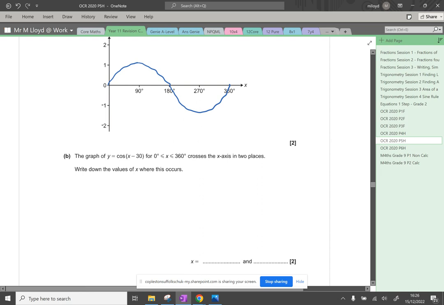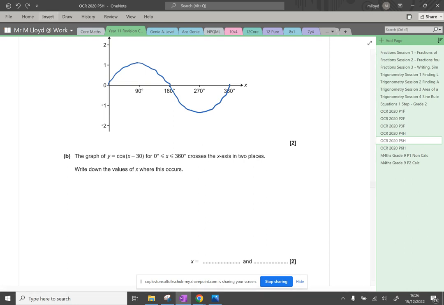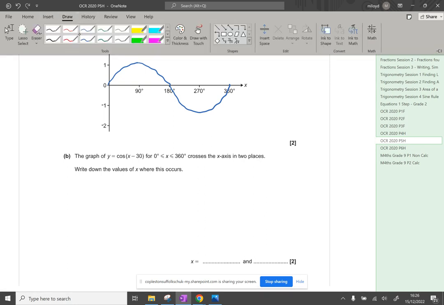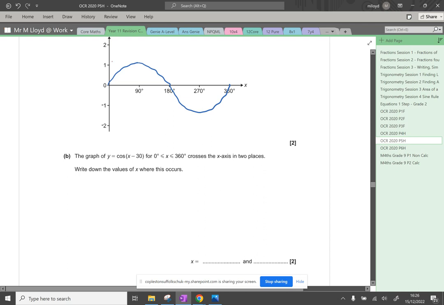The graph of y equals cos x minus 30 crosses the x-axis in 2 places. Write down those values. So I'm going to just do a different graph. Draw. So cos starts here, goes down. Oh, that's a terrible drawing of a graph, but it goes like that. And then x take away 30.